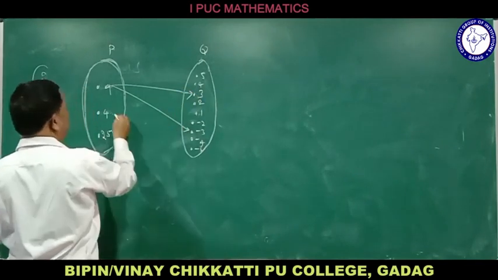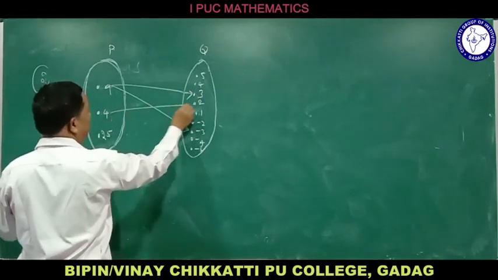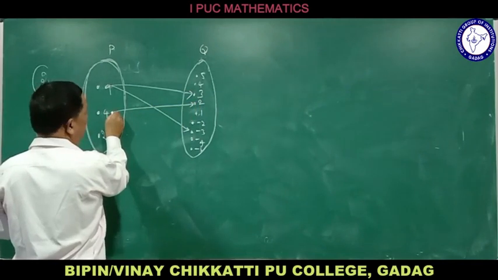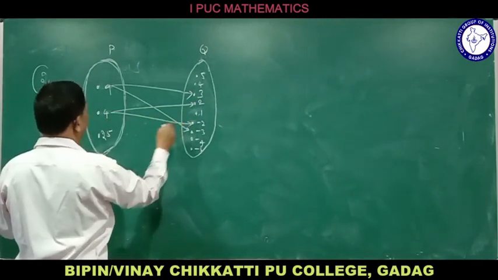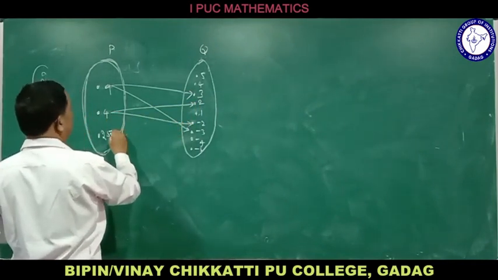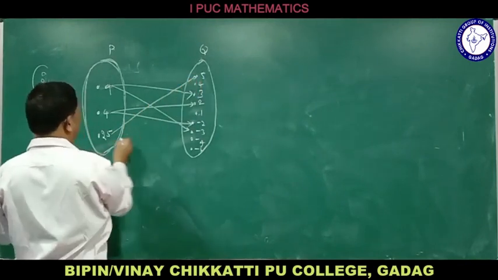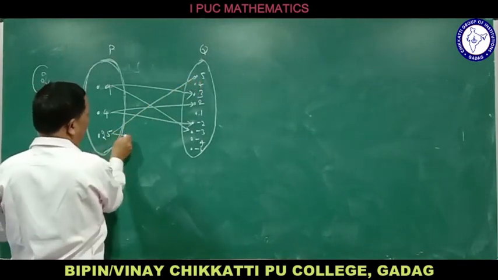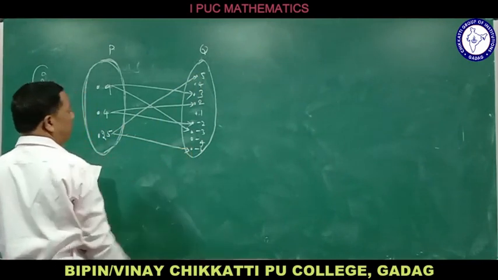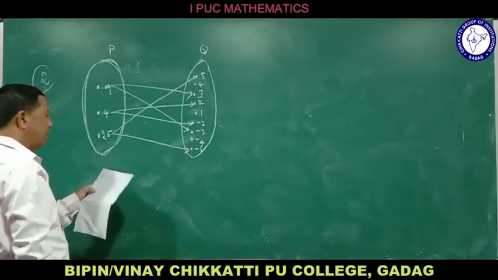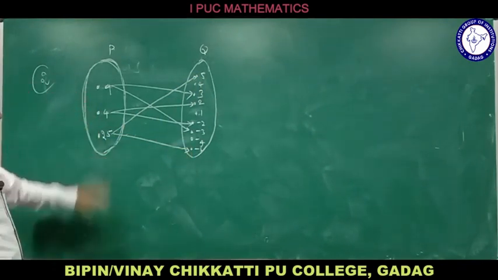See, and 4 is represented to 2 and 4 is represented to minus 2 and 25 is represented to 5 and minus 5.